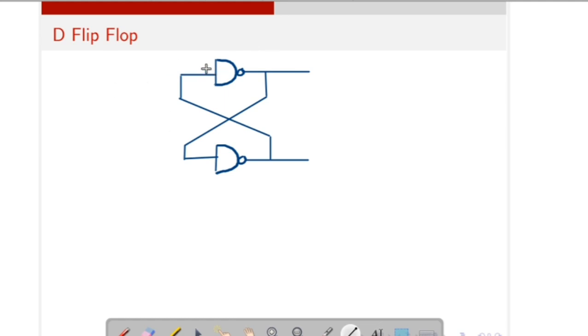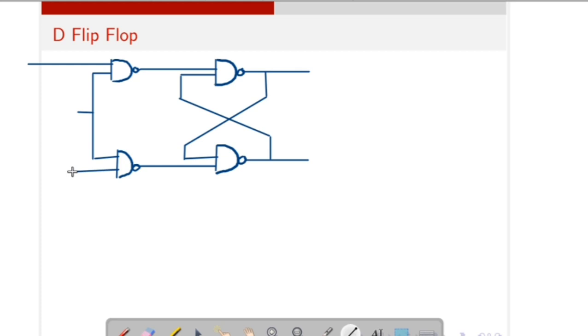Then it is converted to an active high SR latch by adding two more NAND gates. Here we give the clock signal to both the NAND gates, so it becomes an SR flip-flop, and here it is the S input and here it is the R input.